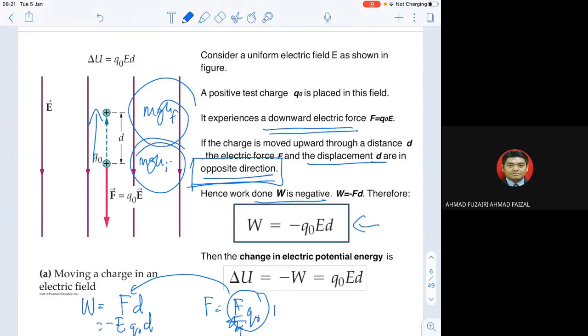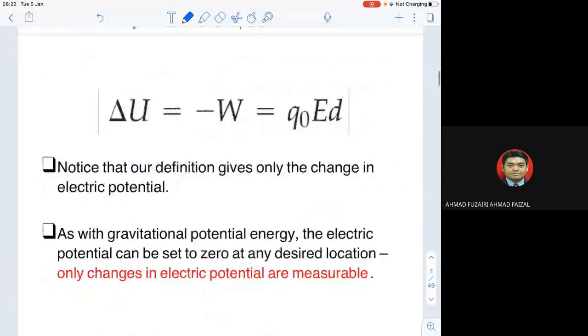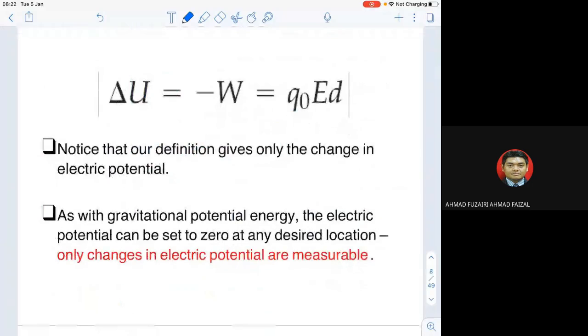from the terms of work done, you should remember one thing: when we talk about electric potential energy, the electric potential energy is delta U. It's the same as the electric potential.